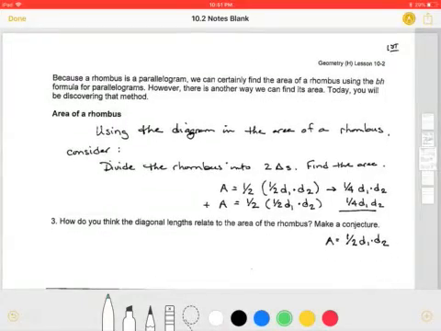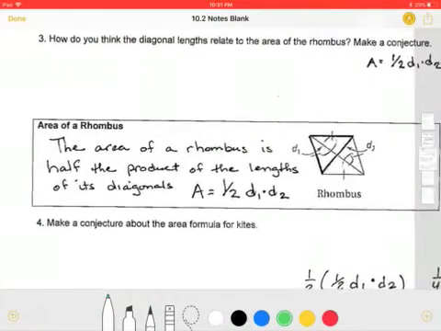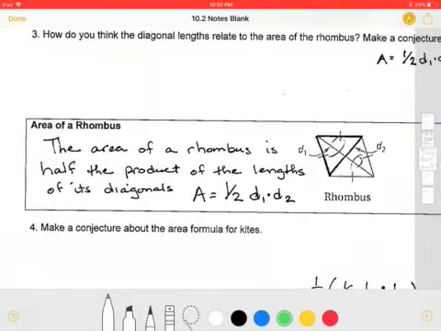Let's move along to the rhombus, which we've seen before. We can break this apart and think of this as if we have 4 triangles in the rhombus. And you can think of this further using the diagonals, that these kind of make up the side lengths. So you can think of this as if you have this top portion where the base is D2, and the height in this case is half of D1.